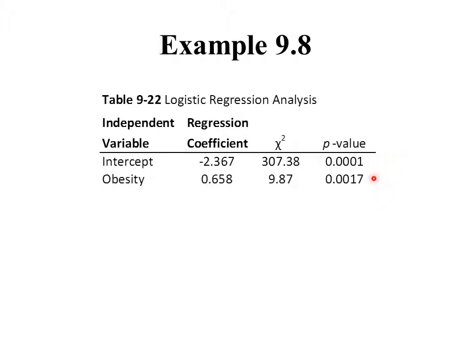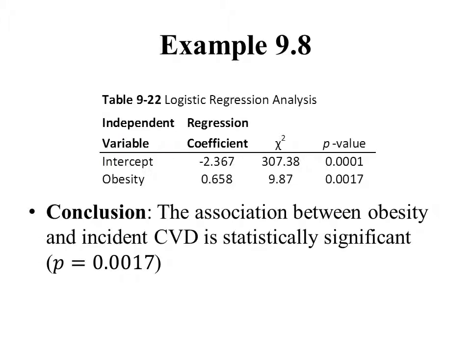And we're going to interpret those p-values in the same basic way as we did with linear regression. Basically, the way we interpreted these p-values is that if the p-value was small, then that variable was significant. If the p-value was large, meaning greater than 0.05, then that variable was not significant. And in this case, we see that both of these p-values are small. Specifically, we're more interested in the value of this obesity coefficient.